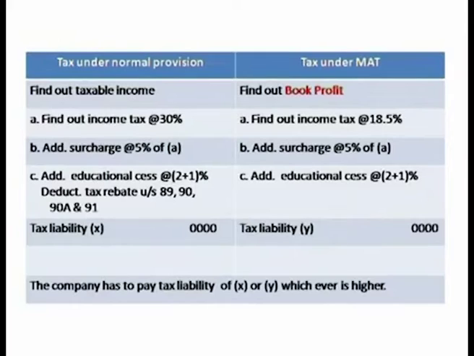Now, how do you calculate the tax liability? We have two sets. Number one is the tax liability as per normal provision, and number two is the tax liability as per MAT provision. So, apply the tax rate in both cases. Currently, the MAT rate is 18.5% and the normal tax rate is 30%.